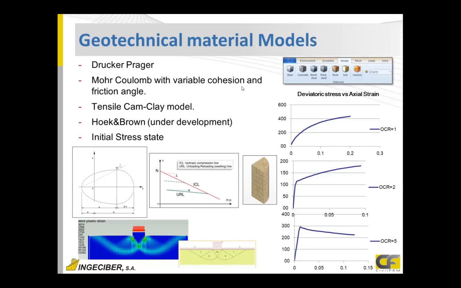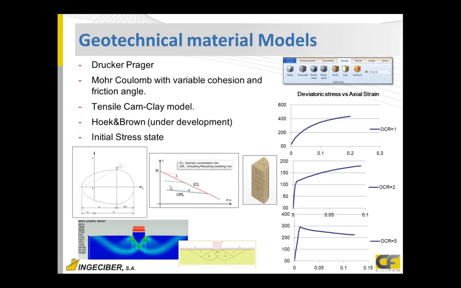With these material models, we are able to model different soil behavior, like normally consolidated soils with these parabolic curves, and overconsolidated soils, just a bit overconsolidated, with this bilinear curve. When the pre-consolidation stress is reached, the curve is different, and for extreme consolidation pressures we have this type of behavior.